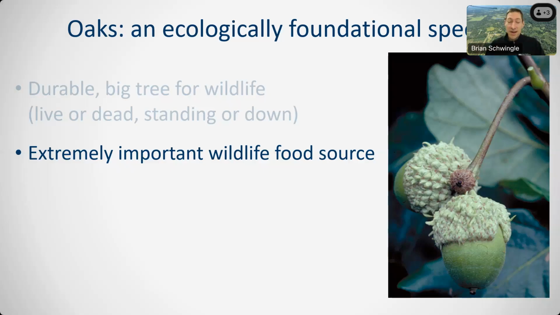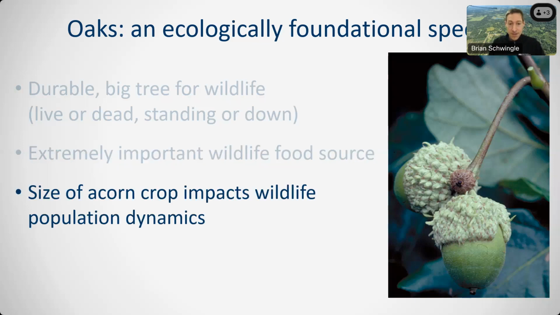Because of that, acorns make up a large percentage of certain game and non-game species habitat. It improves wildlife health if they're able to eat a lot of acorns. Super important.